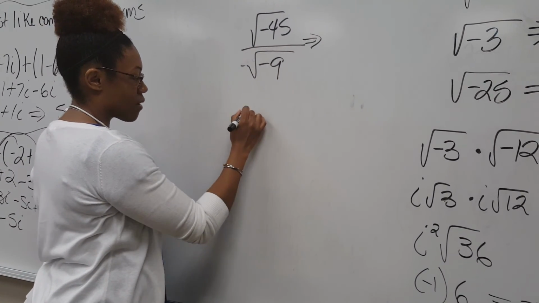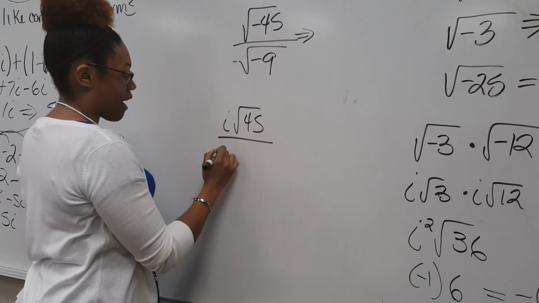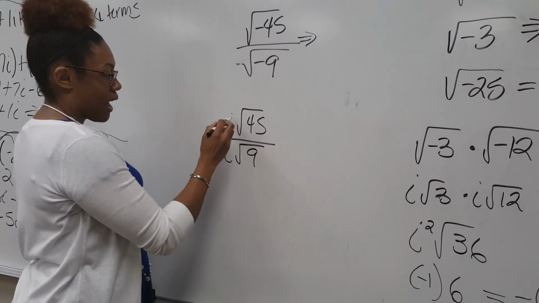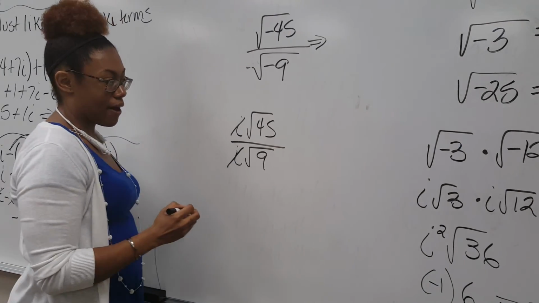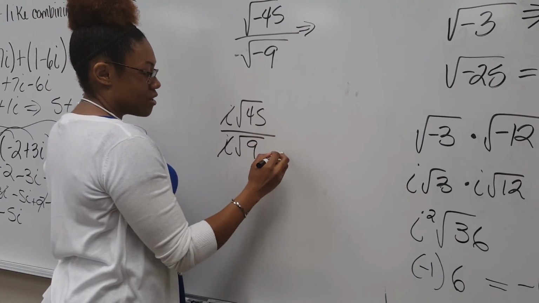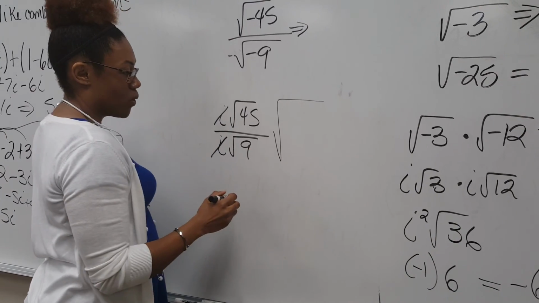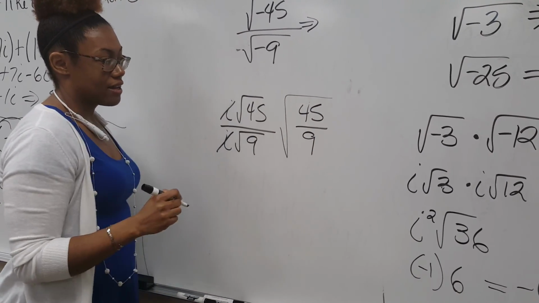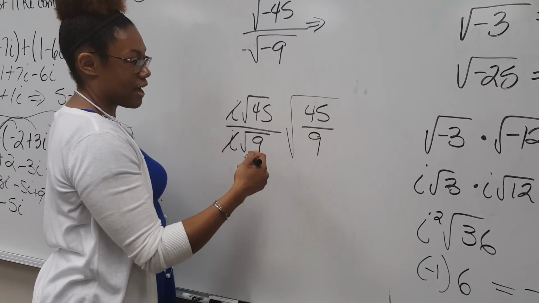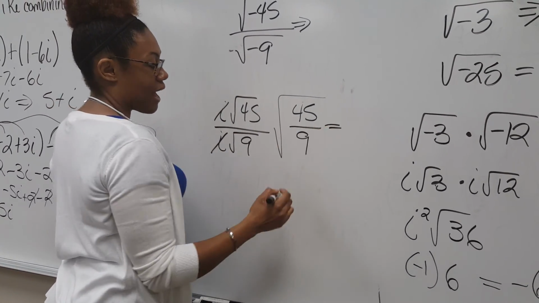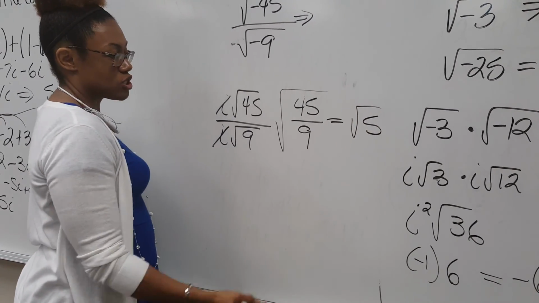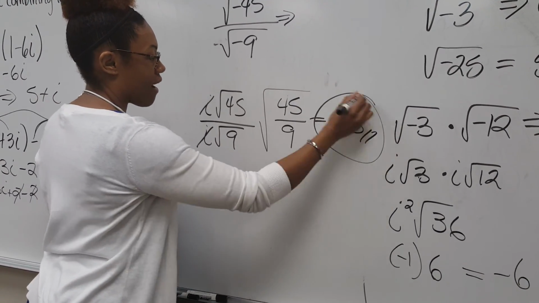So that's i square root of 45 over i square root of 9. So what happens with my i's? They cancel out. Now, here's the deal. To simplify this just a little bit more, technically this is really saying 45 over 9. Can I divide 45 by 9 or 9 into 45? Surely I can. That would give me 5. So my answer would just be square root of 5.